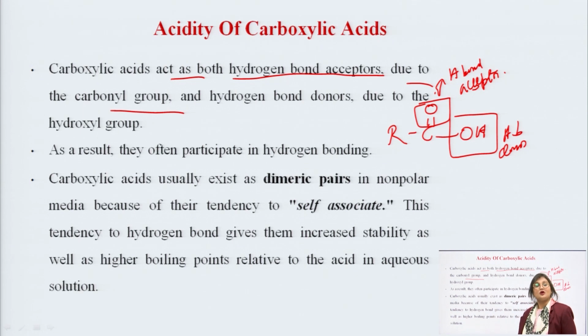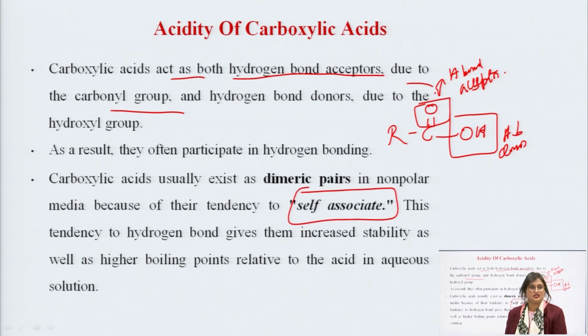They have a tendency to self-associate. This tendency to hydrogen bond gives them increased stability as well as higher boiling points relative to the acids in aqueous solution. So, this tendency of dimerization helps the carboxylic acid achieve higher boiling points in relation to the acids in aqueous solution.